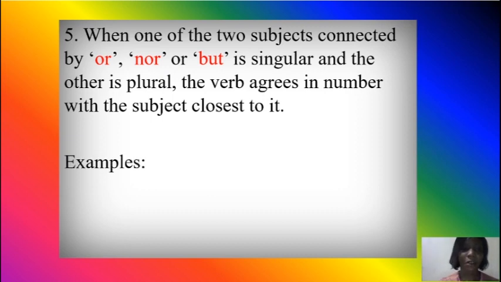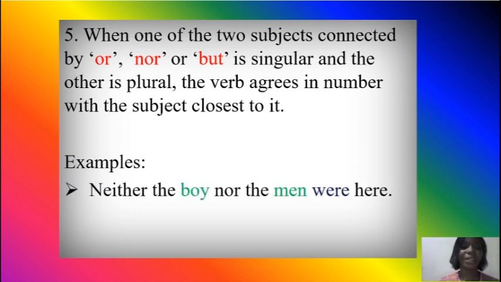We have neither the boy nor the men were here. As you can see, boy is a singular subject. Men is a plural subject. And those subjects are joined by correlating conjunctions neither nor.